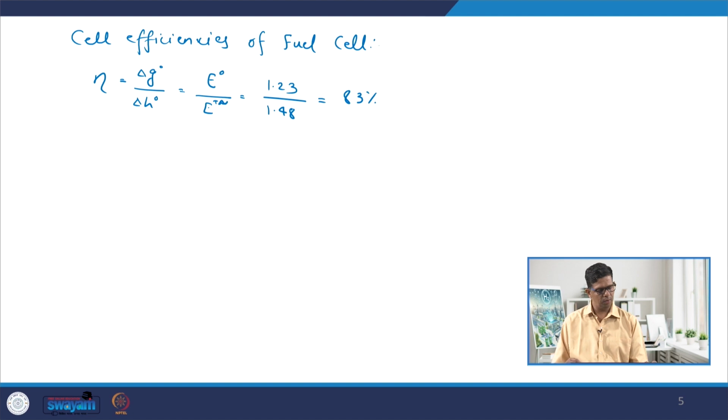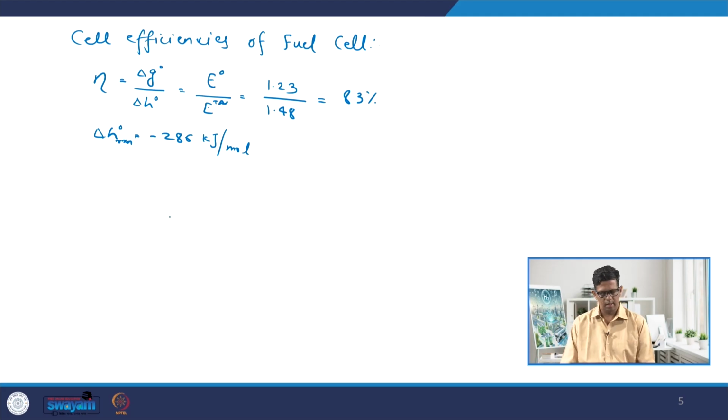If you look at this enthalpy, let me write this up, the enthalpy of the reaction is 286 kilojoules per mole, right, and this is applicable when the temperature of the cell is less than 100 degrees Celsius.